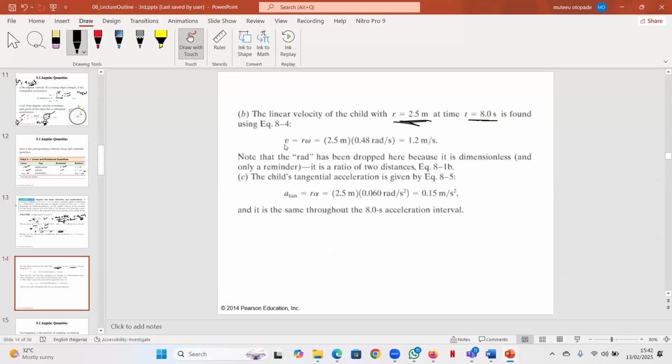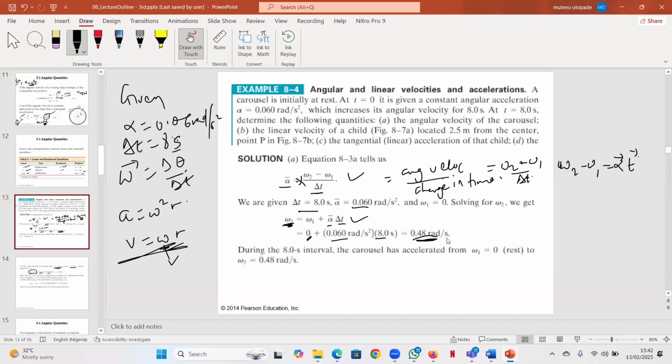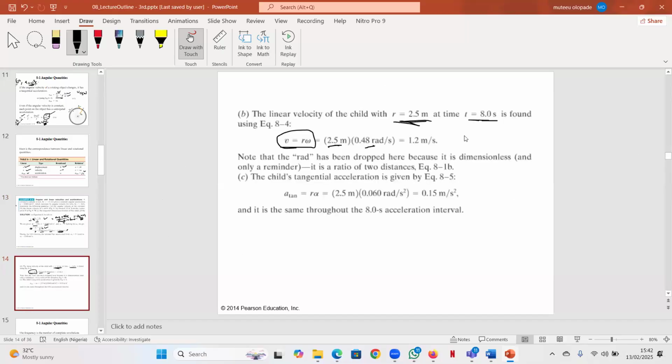So to calculate the linear velocity, this is the relationship between them. V is equal to omega r. Radius is this, and our omega is 0.48 from here, what we derived from here. So we've been able to get the linear velocity.